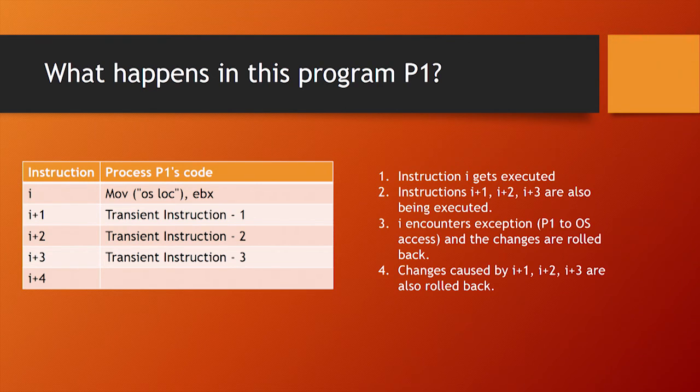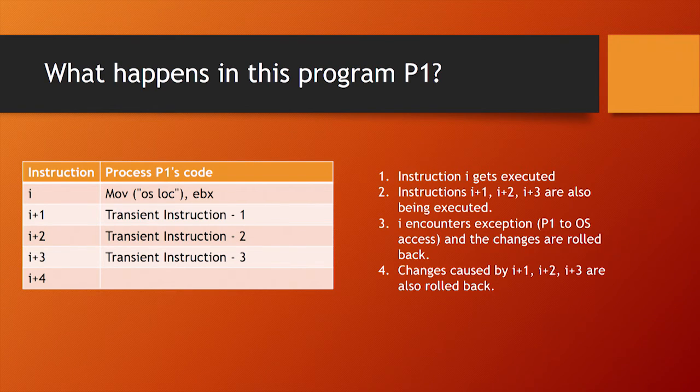I will encounter an exception, because I am trying to read an OS page, move OS location comma EBX. So the ith instruction will immediately get an exception. All the changes caused by I plus 1, I plus 2, I plus 3 have to be rolled back, because now an exception has come.